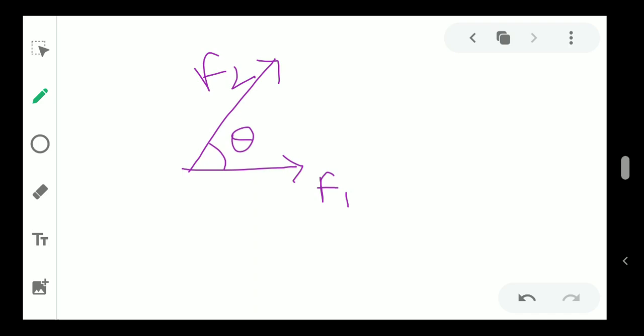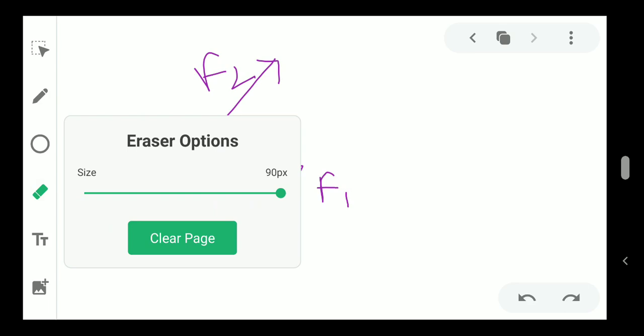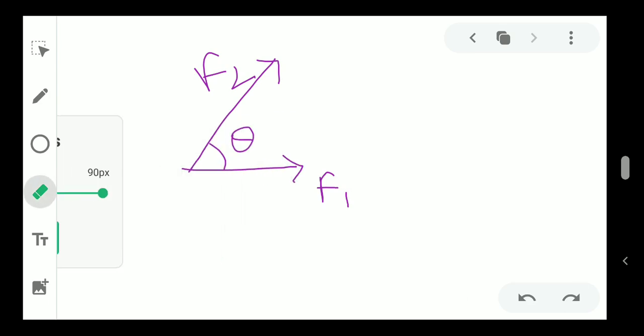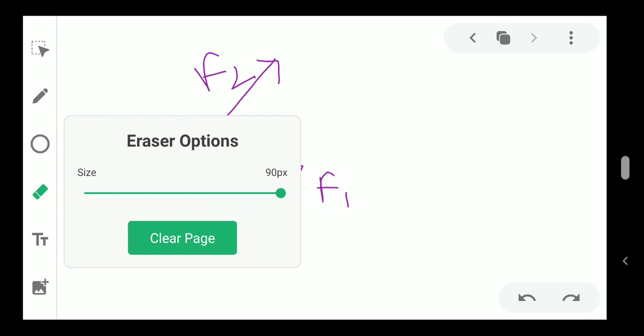How to calculate what will be my total resultant force and in which direction it will be? It will be in this direction or in this direction or in this direction. Okay, so this we have to find out. So next day we will be doing that thing, and then we will also do something about multiplication of vectors.